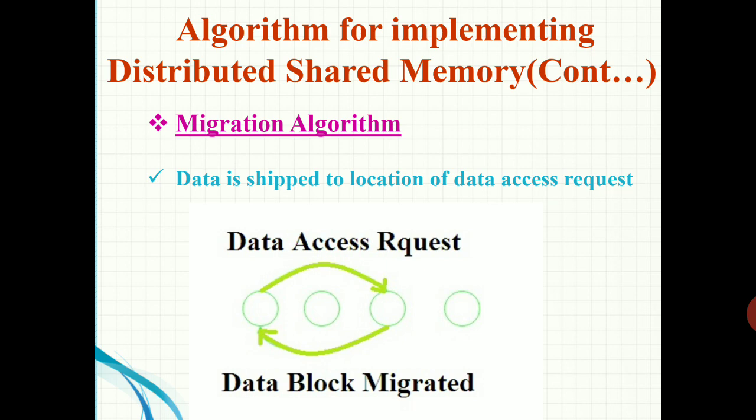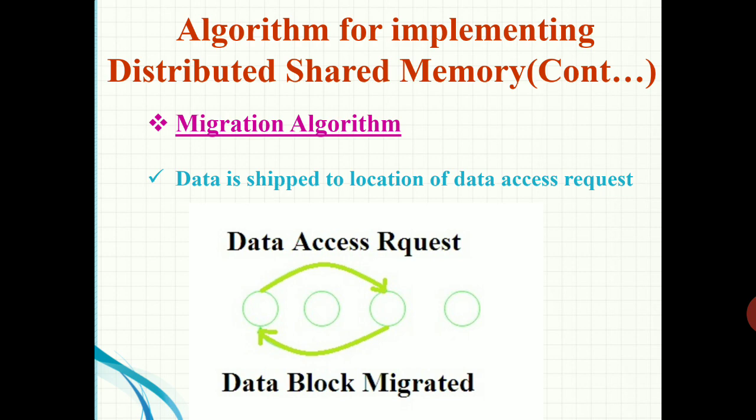Then it is susceptible to thrashing, where pages are frequently migrated between the nodes while servicing only a few requests. That means if we transfer one block to the requesting process, it may contain only one line required by that process.